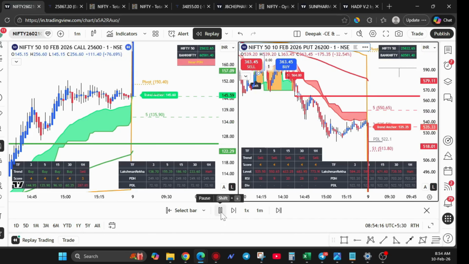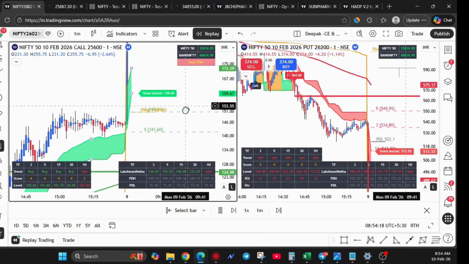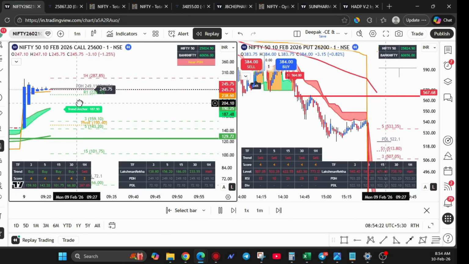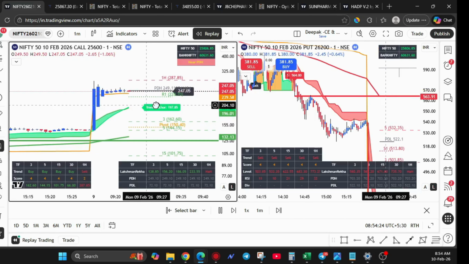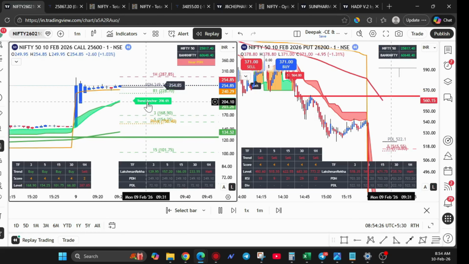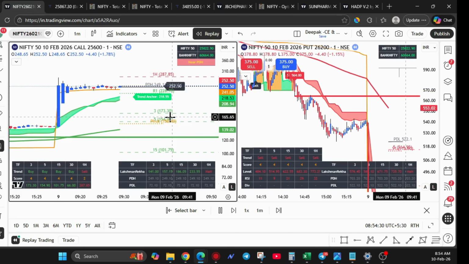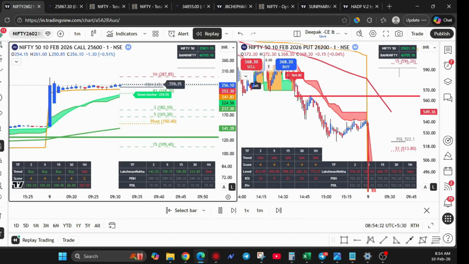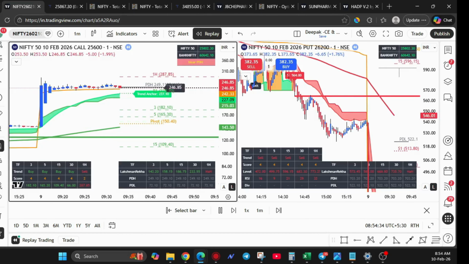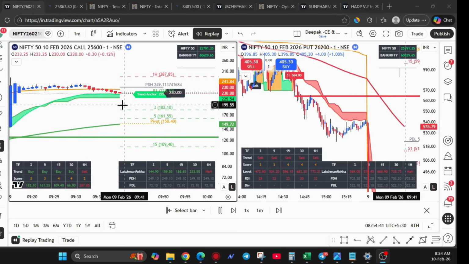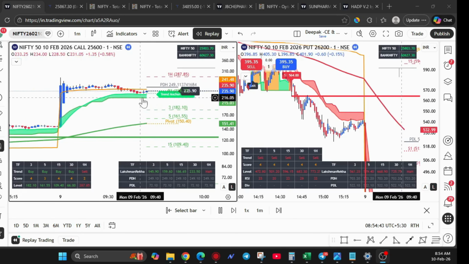The market is opening with a big gap up. Now you see that the price is coming close to the band.